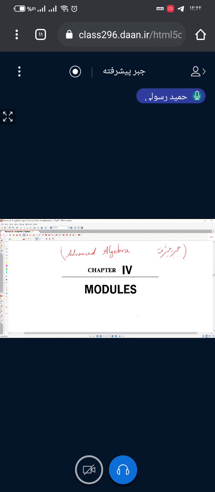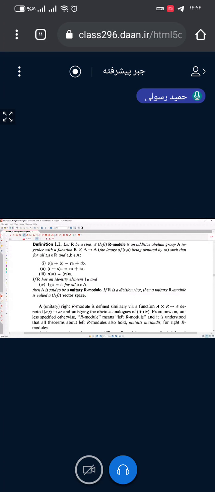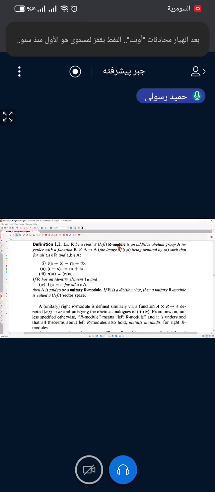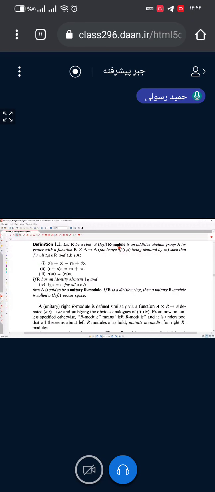I defined the notion of a left R-module, which is an algebraic structure satisfying these properties. I defined these notions in the previous week.